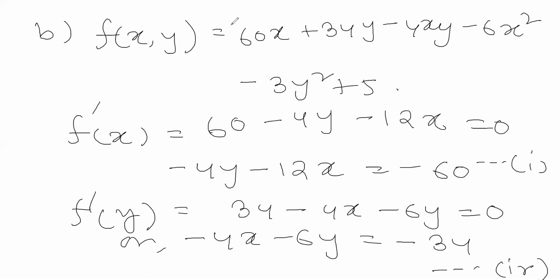So I'll not be doing this calculation again. Just do it by yourself. What I can say is I can tell you the critical values over here. What are they? Okay, so x and y has come out to be 4 and 3. Try it by yourself. If you can do it, I will talk about it later again in the live sessions.